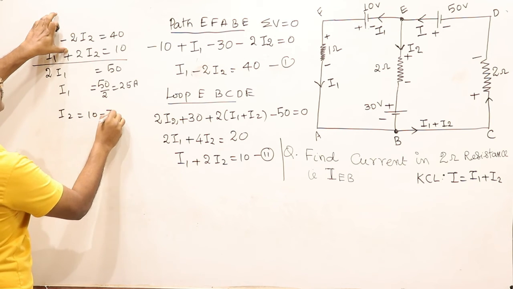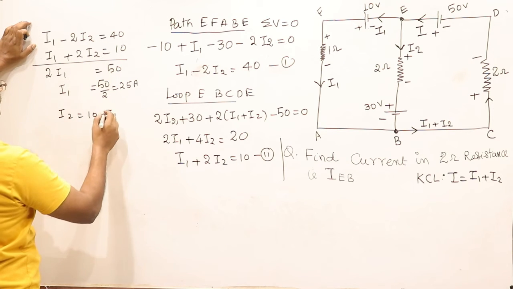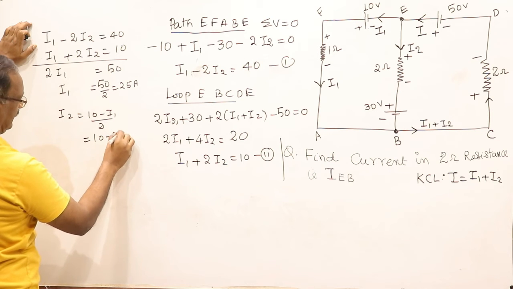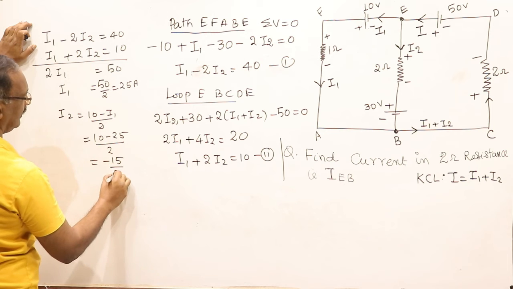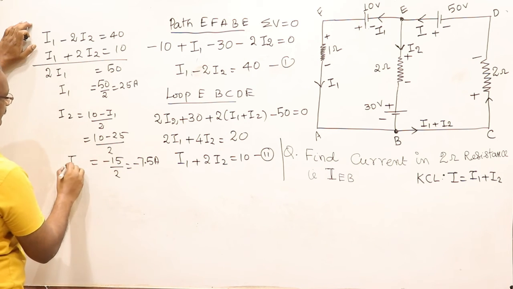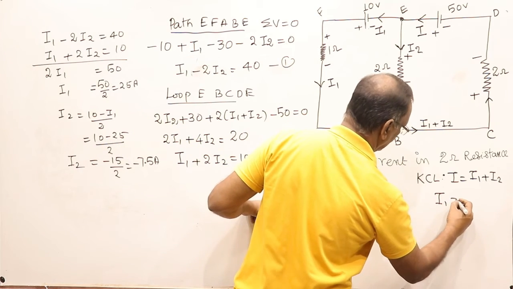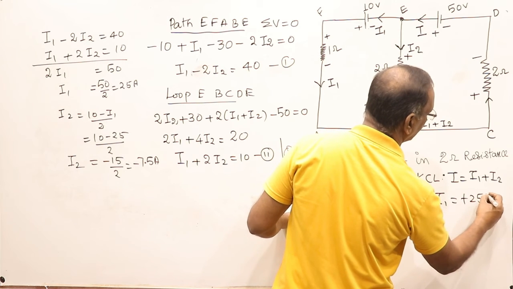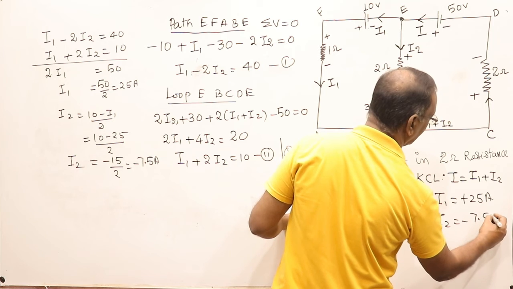I2 is equal to (10 minus I1) by 2 is equal to (10 minus 25) by 2 is equal to minus 15 by 2 is equal to minus 7.5 ampere. Therefore I1 is equal to plus 25 ampere and I2 is equal to minus 7.5 ampere.